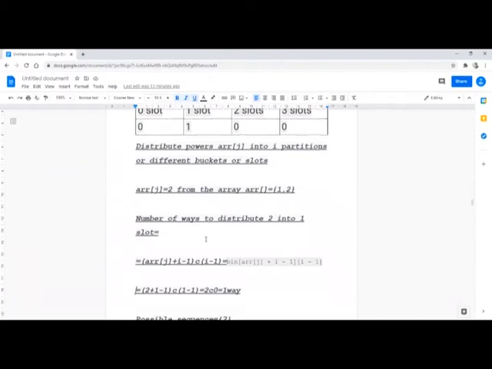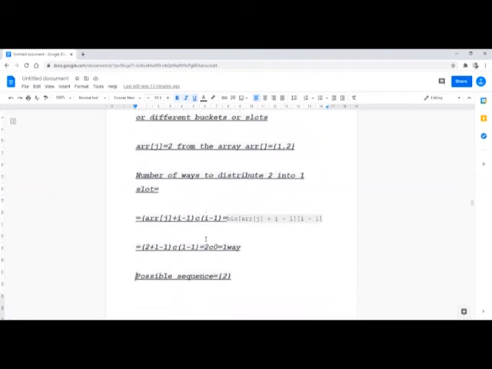You have to find the number of ways to distribute 2 items into one slot. So the formula is as we discussed above, we introduce i minus 1 partitions. So the total items are arr[j] plus i minus 1 C i minus 1. So the binomial coefficient arr[j] plus i minus 1 C i minus 1, where arr[j] here is 2, we have to distribute 2 items.